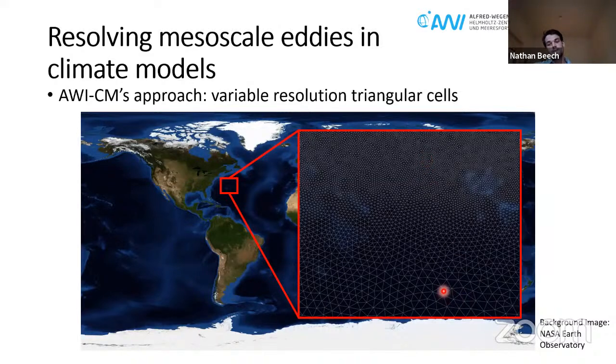Another important thing to point out is that with these triangular cells, all of the corners are corners, no matter which triangle you're talking about, and all of the sides are sides. Whereas if we were using a rectangular grid, then we couldn't have the corners match up and change the size as we go. So this is what allows us to have a variable resolution grid.